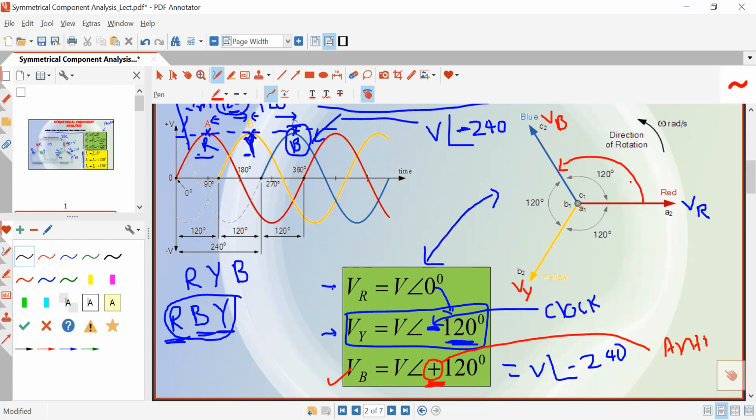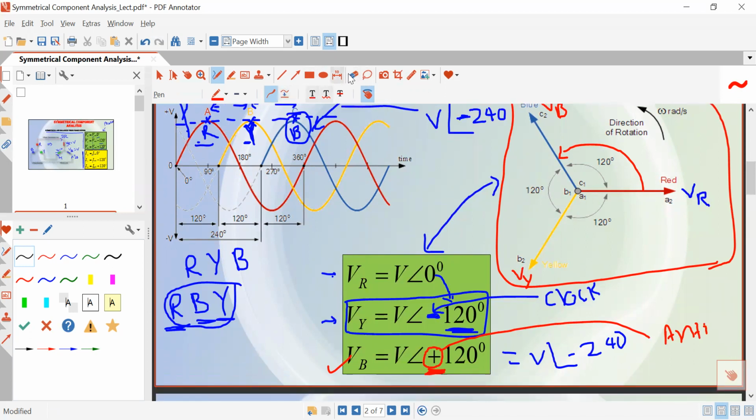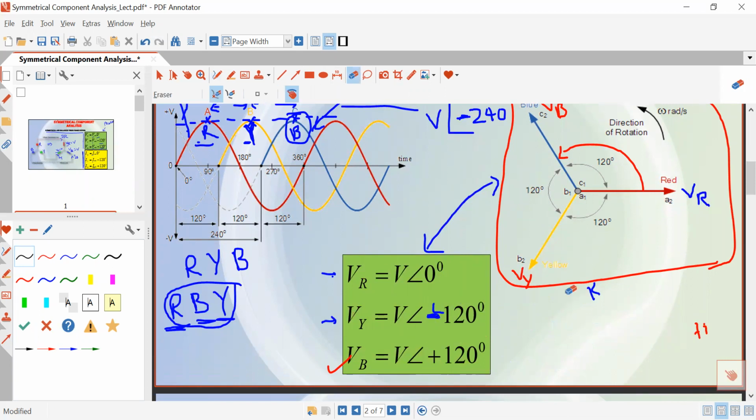This set of vectors, or this diagram, is called a vector diagram, or a phasor diagram. So this is the phasor diagram of these three voltage equations, which are represented in phasor form. Now, one thing you must note here.